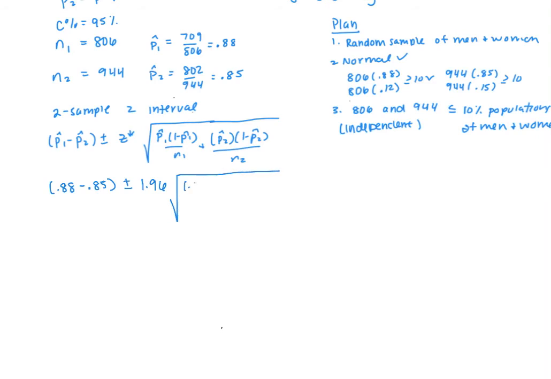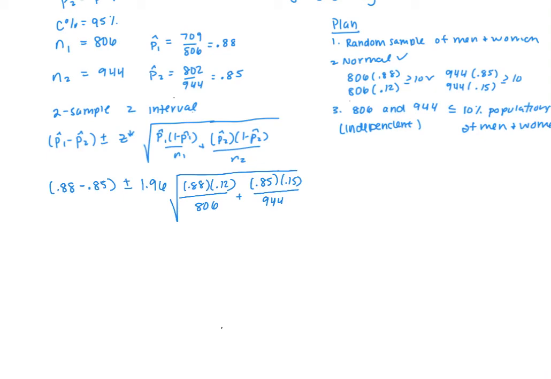Then we've got the square root of 0.88 times 0.12 over 806 plus 0.85 times 0.15 over 944. And it probably would be helpful if you typed in the square root in your calculator first, so you don't have to type it a bunch of times when you calculate your interval. You can use the alpha y equals feature on your calculator to type fractions. That might make your life a little bit easier doing the math.